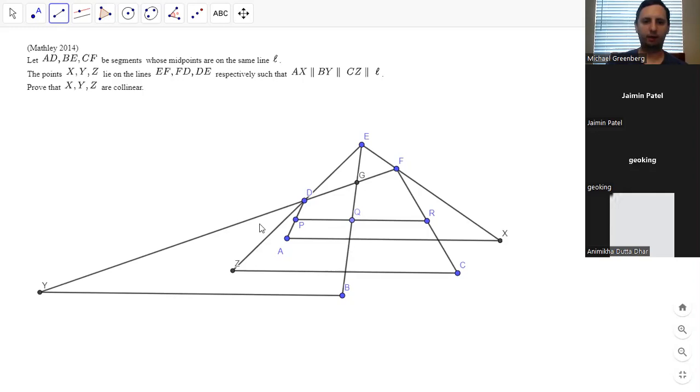But yeah, that's what I'd like to do. I'd like to draw in XZ and let it meet this at a point H, and then calculate some cross ratio.